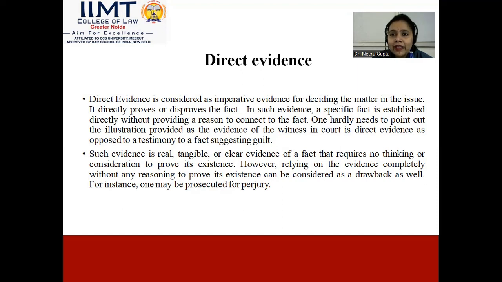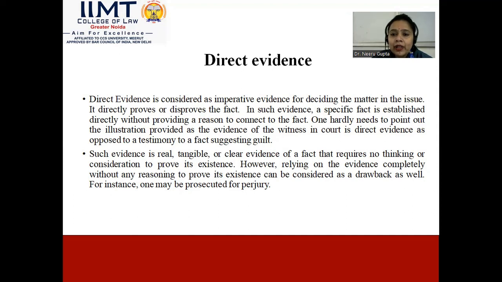One hardly needs to point out the illustration: the evidence of a witness in court is direct evidence, as opposed to a testimony to a fact suggesting guilt. Such evidence is real or clear evidence of a fact that requires no thinking or consideration to prove its existence.